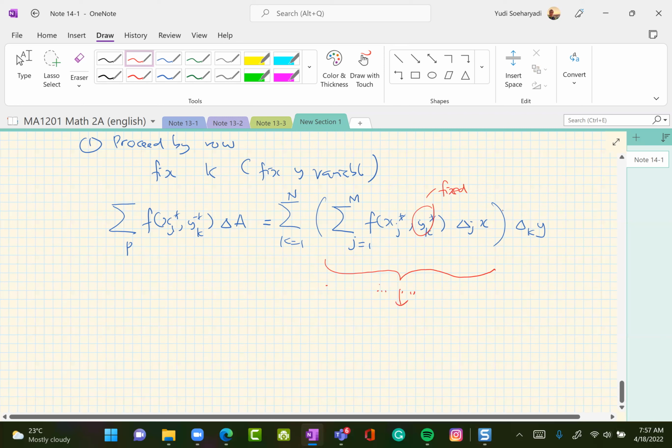If you take the limit as the partition goes to 0, you get this integral. Okay, so integral of f with respect to x, and the y is fixed, dx, from x equals a to x equals b.